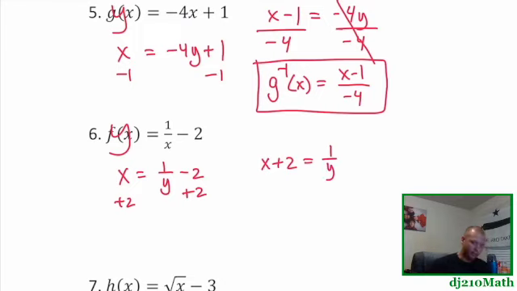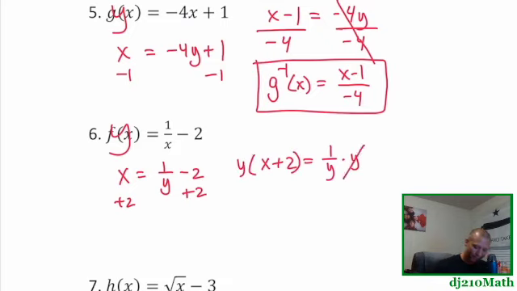Here are a couple of different ways to solve this, depending on your comfort level. If you know that these two things can interchange, fine. But if you didn't know that, to isolate y you have to multiply both sides by y.